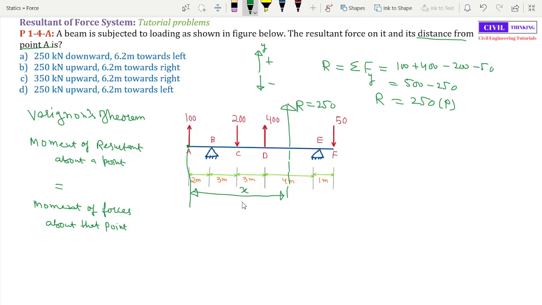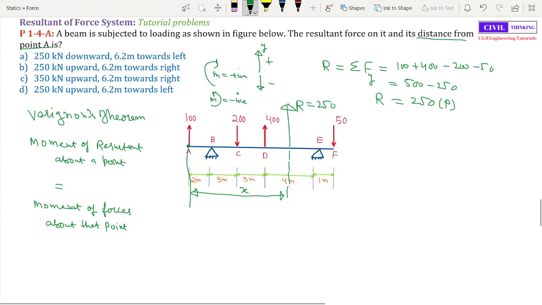So the moment of this resultant about point A is equal to the moment of all these forces about the same point A. The point has to be the same. Now let us assume the clockwise moments are positive and the anti-clockwise moments are negative.